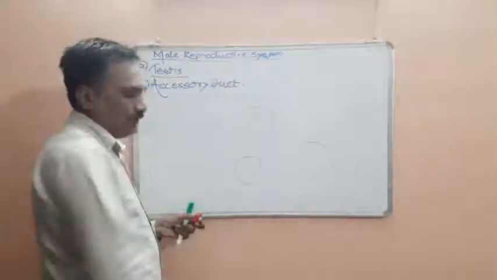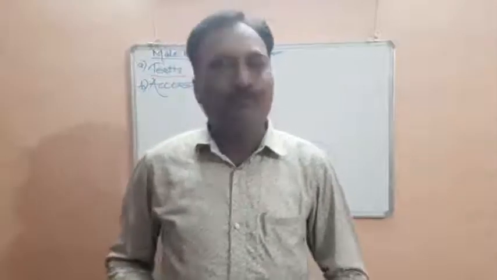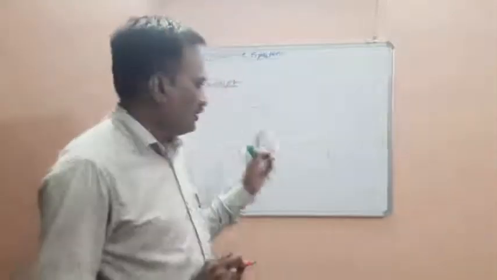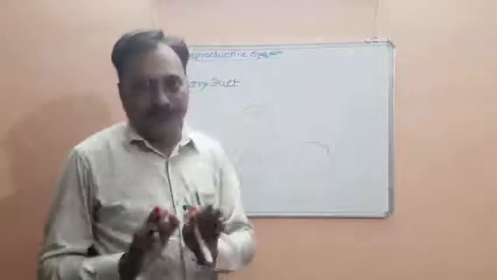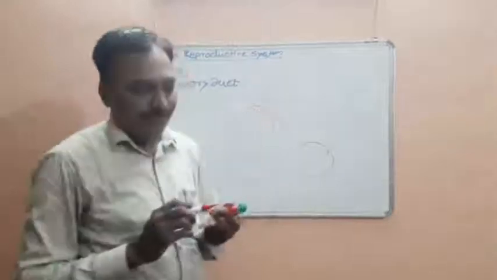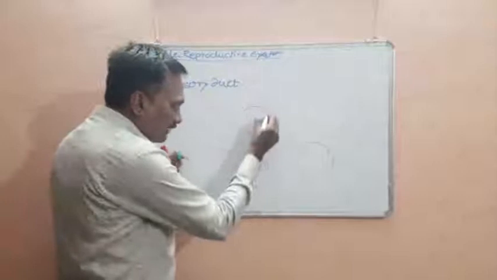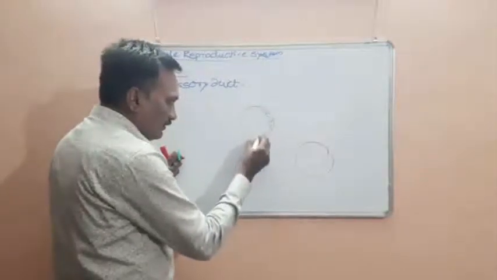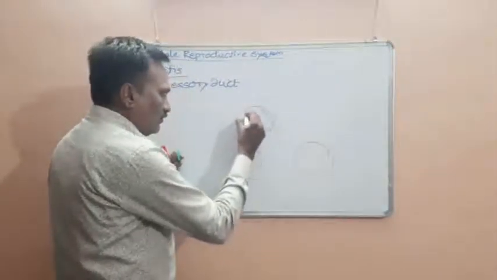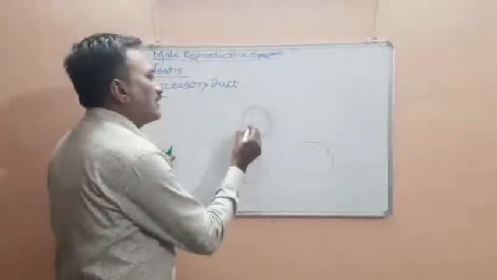Seminiferous tubules are a very important structure, and they are present in the region of the testicular lobules. So 1 to 4 highly coiled seminiferous tubules are present in each lobule. What about the seminiferous tubule? It consists of germ cells, and mixed with them the Sertoli cells are also there.